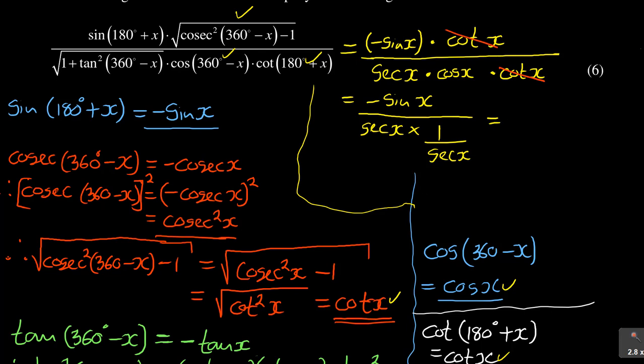I think you can see what's happening now, meaning this again will further cancel with that to give us a 1 and 1, and then the answer will become negative sin x.